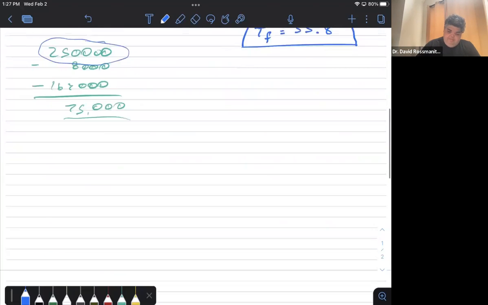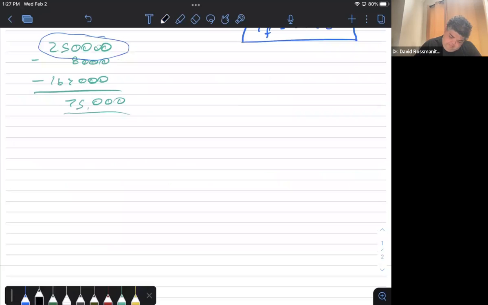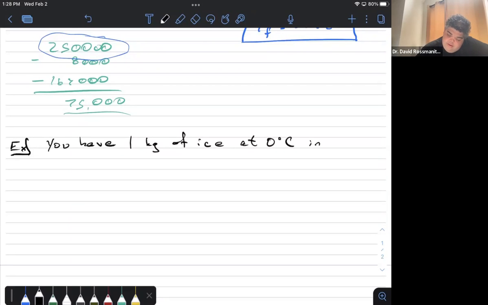Let's try another example. All right, let's say you have 1 kilogram of ice at 0 degrees Celsius in an aluminum cup whose mass is 250 grams.